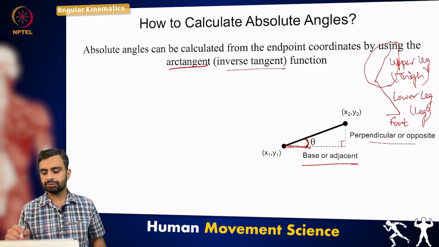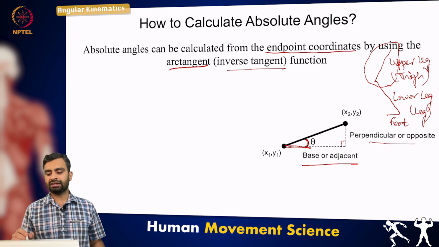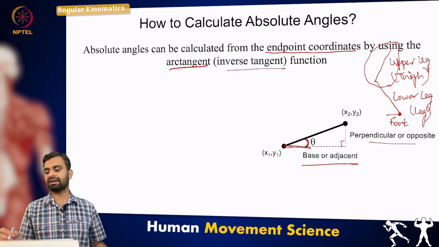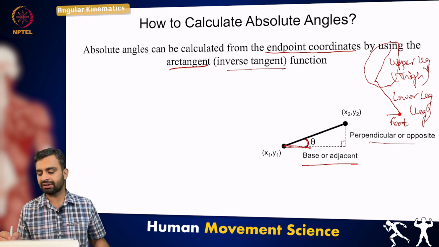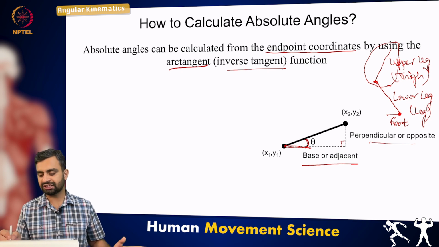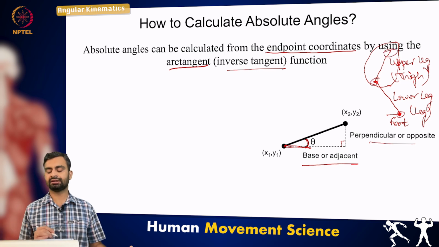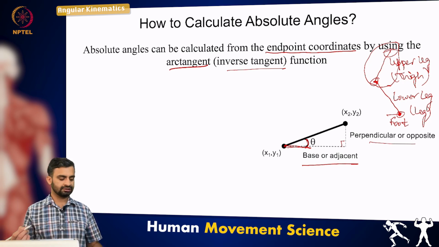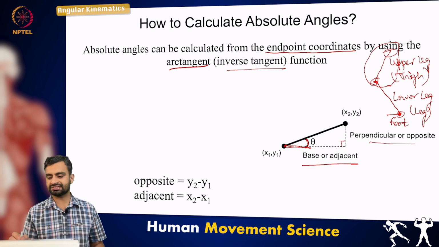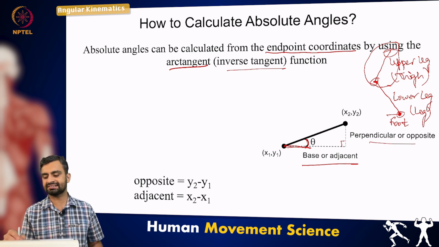Absolute angles can be calculated from the endpoint coordinates using the arc tangent or inverse tangent function. This is helpful when you know the endpoints. For example, in this example, if we know the x and y values, in a two-dimensional example, for the joints, ankle joint, knee joint and the hip joint, then we can use the trigonometric identities to calculate the angle. The opposite side in the y direction, or the perpendicular distance, is nothing but the difference in the y values.